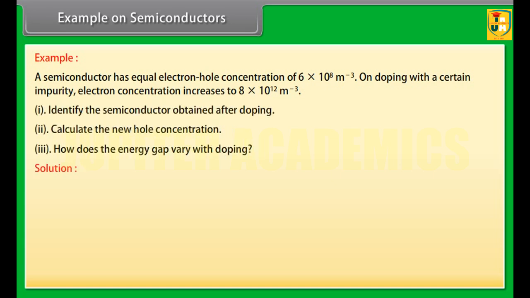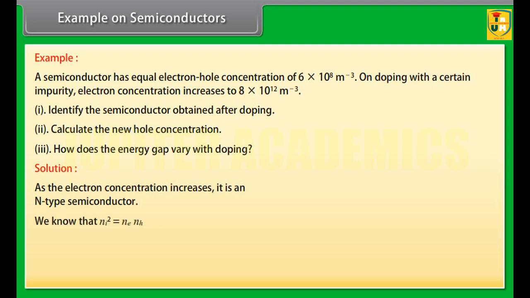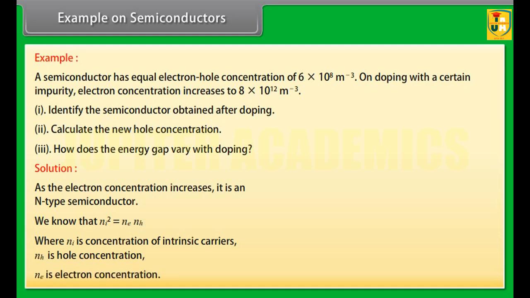Let's see the solution. As the electron concentration increases, it is an N-type semiconductor. We know that Ni² is equal to the product of Ne and Nh, where Ni is the concentration of intrinsic carriers, Nh is hole concentration and Ne is electron concentration.